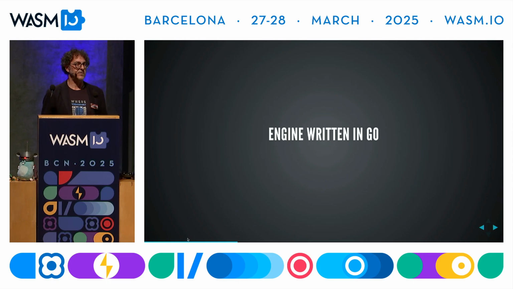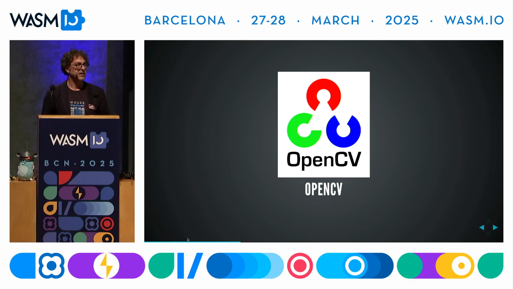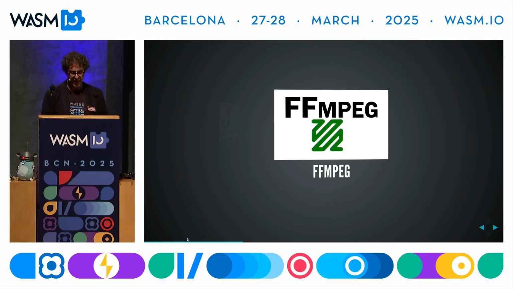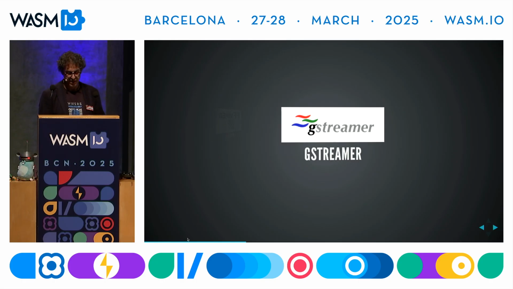So the engine itself is written in Go, and it's based on OpenCV, which is really the gold standard as far as computer vision software. It's the oldest and probably most mature computer vision software. It runs on everything from Android phones, cloud computing clusters, small devices. FFmpeg, which is a whole other streaming system that many people have used for converting video.